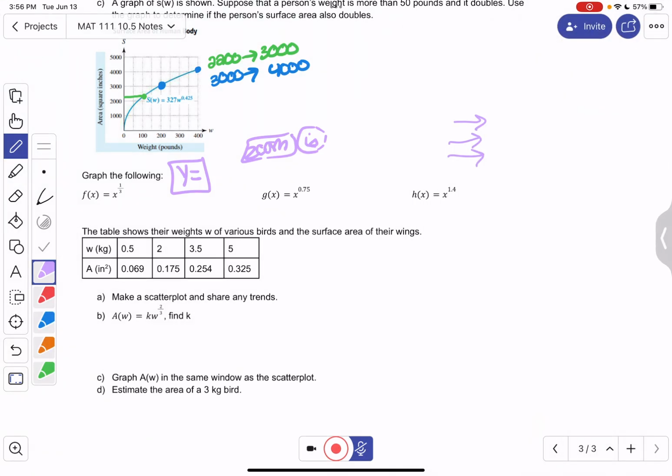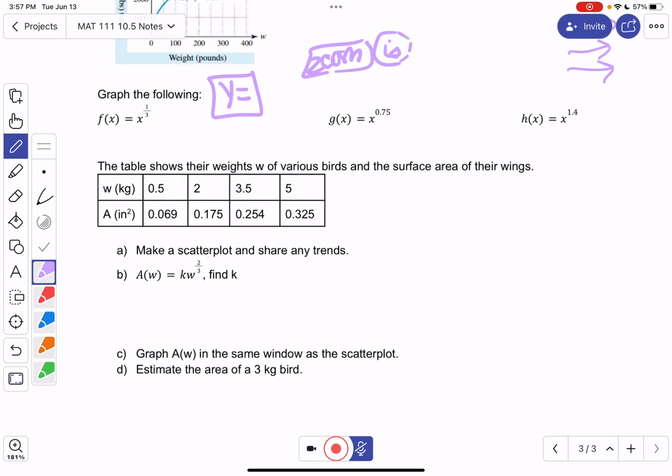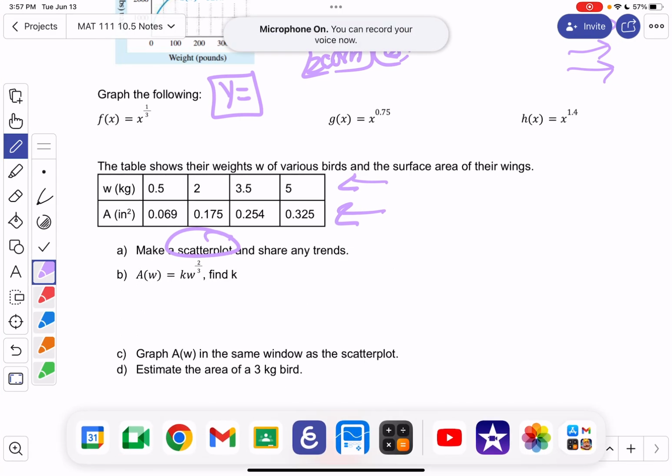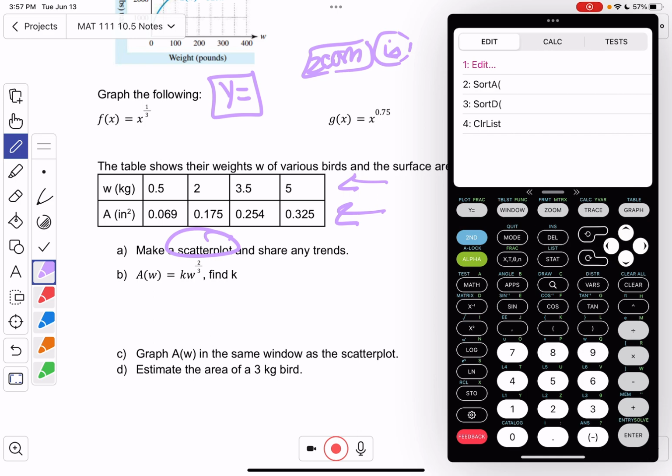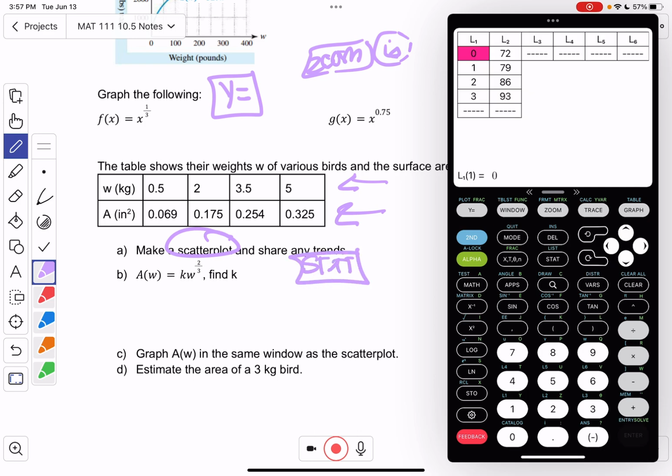So this last thing we're going to do is the table shows the weights of various birds and the surface areas of their wings. So the top is our weights, the bottom is the area. We're going to make a scatter plot. I don't know if you remember how to do that, but if we hit the stat button, so it's stat, and then enter, we can put weight in X or L1 and area in L2.